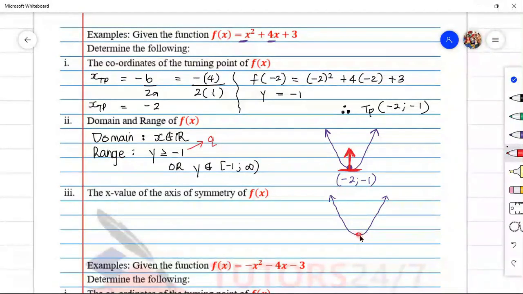This is going to be our turning point, which has coordinates negative 2 and negative 1. If we were to cut our function on this turning point, the left hand side would be a mirror image of the right hand side. So therefore we can conclude that our axis of symmetry is x equals the x value of our turning point, which is negative 2.